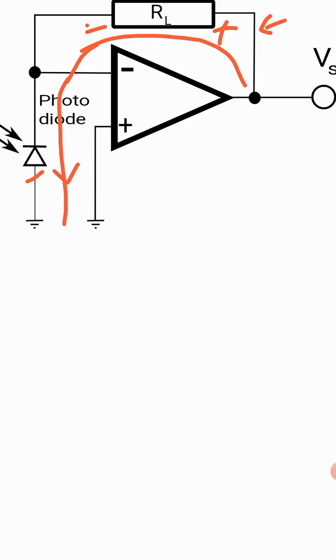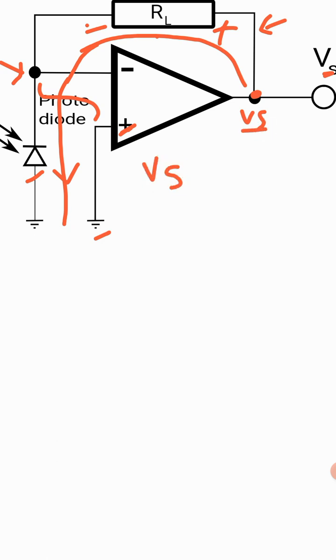So you have a voltage drop across the load resistance RL, which is Vs, by applying Ohm's law. The node voltage here is Vs, and due to the virtual ground concept, the voltage at the positive terminal, which is ground, appears at this node. To calculate the voltage drop across RL, we apply Ohm's law.